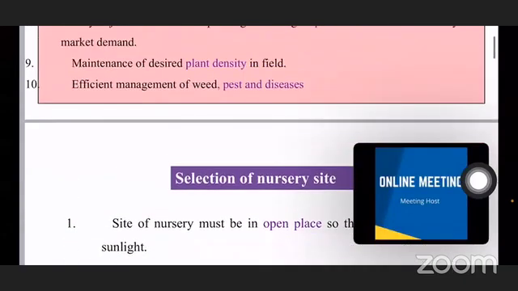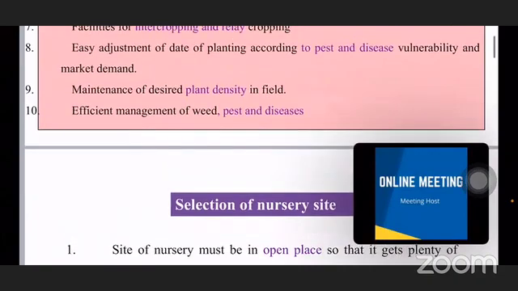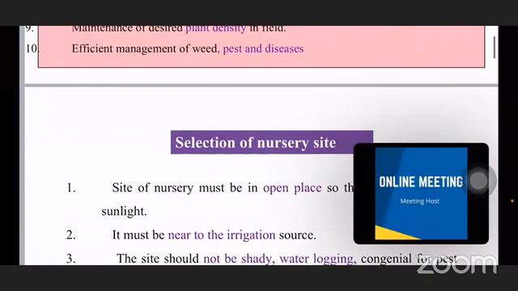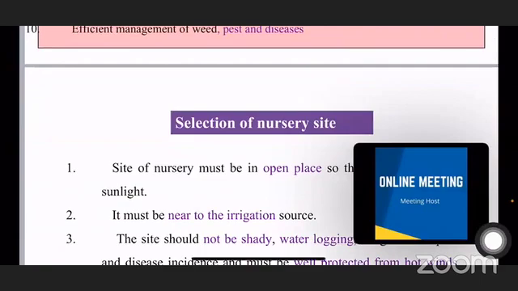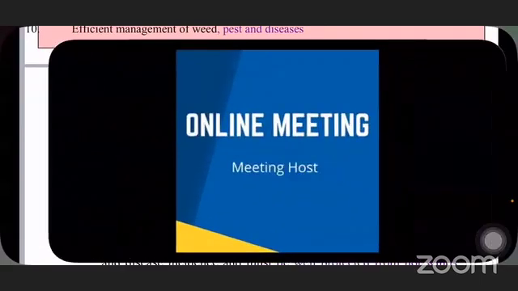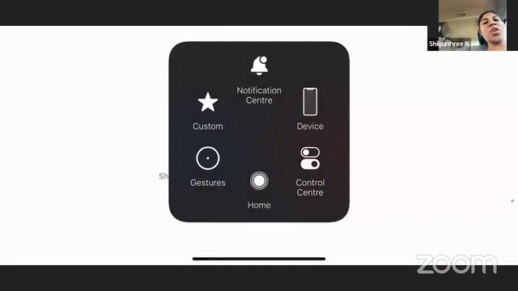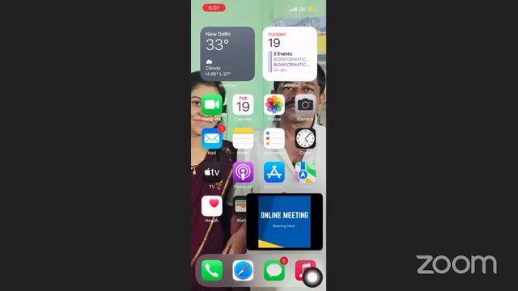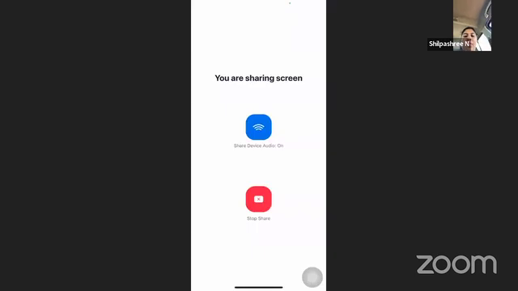Ms. Shilpa, can you hide the online meeting window that is showing on your screen? Is it possible? No, ma'am, I'm trying, but I'm not able to.